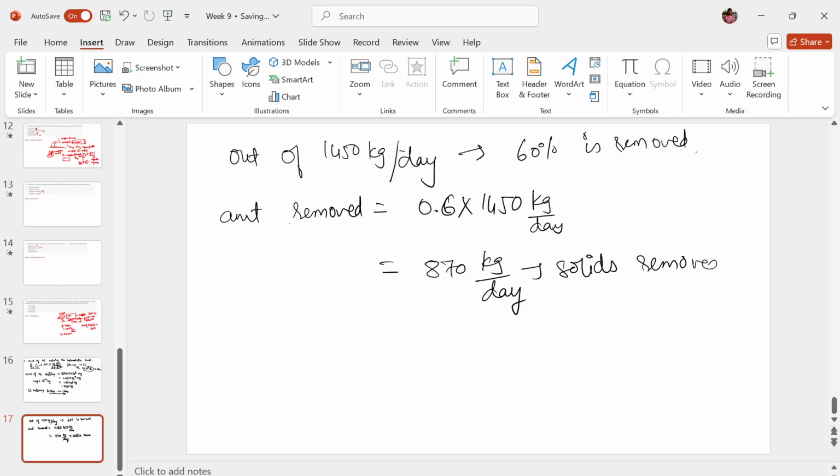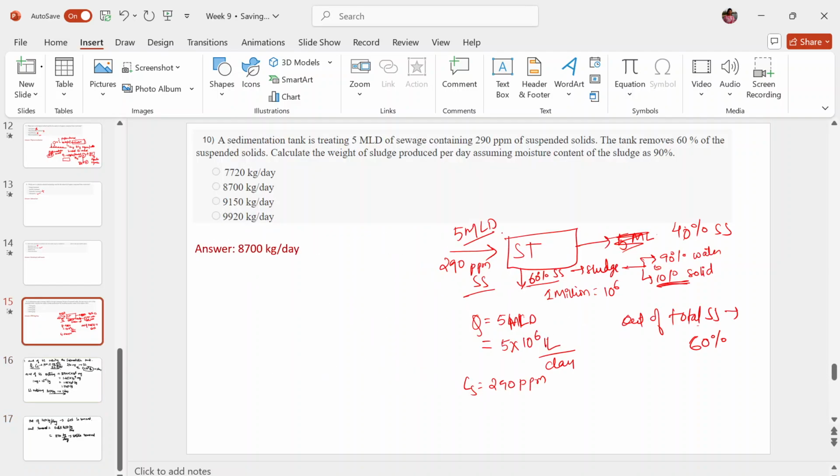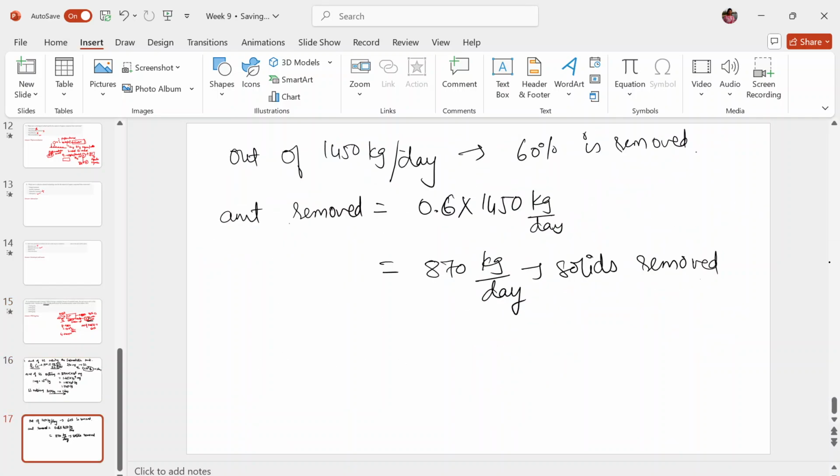But what you are asked to find out is the weight of sludge. That sludge has 10% solid and 90% is water. So you are not asked the solids removed, but the sludge removed, right? So this 870 kg is nothing but 10%, because this is 10% of the sludge. So 870 kg per day is 10% sludge weight.